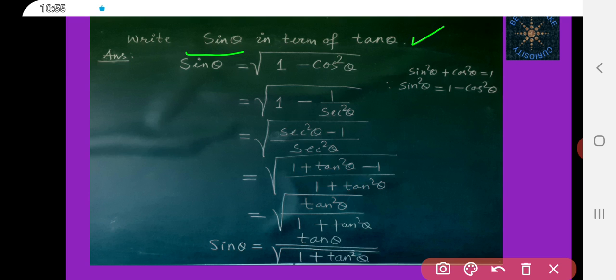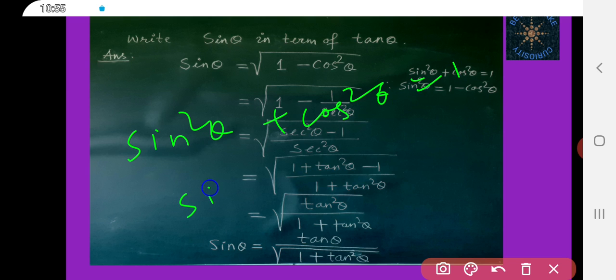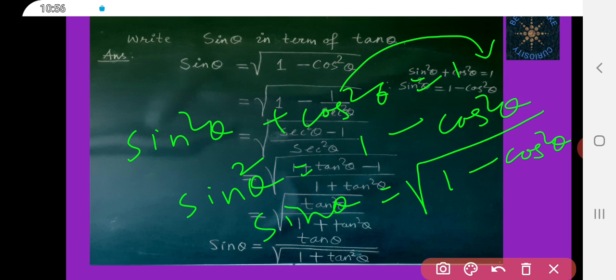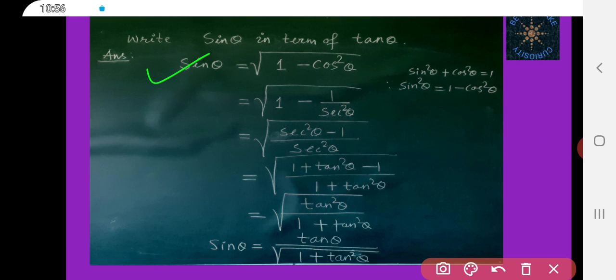You know that sin square theta plus cos square theta is equal to 1. So sin square theta is equal to 1 minus cos square theta, and sin theta is equal to the square root of 1 minus cos square theta.